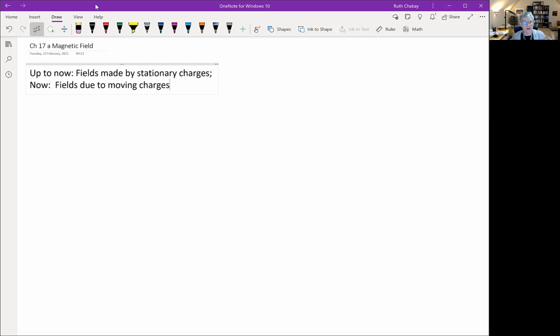For now, although magnetic fields do exert forces, what we're going to use to detect them and determine what direction they're pointing in is compasses.